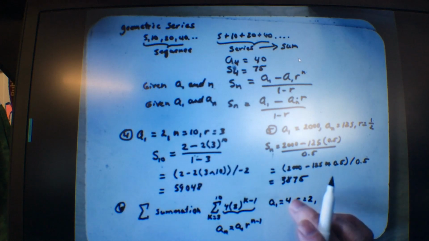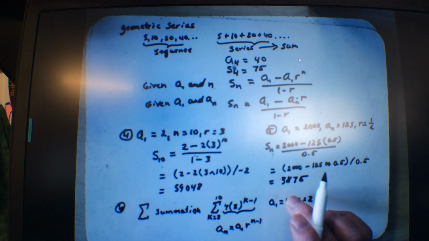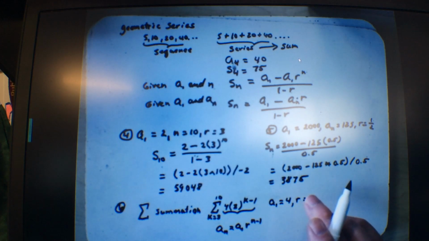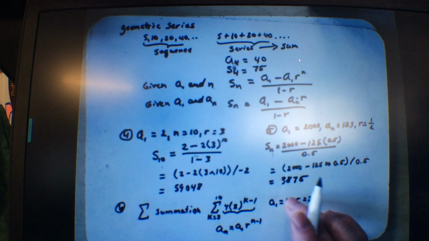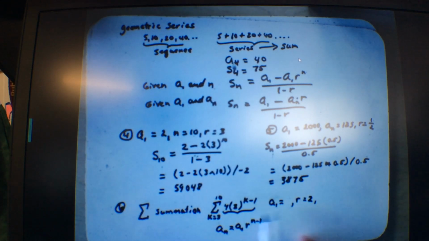Oh, wait a minute. A sub 1 is not 4, is it? A sub 1 is 4 times 2 to the K minus 1 when we put 3 in here. I'm so sorry. R is 2. So put 3 in here, what do I get? 2 to the second power is 4, and 4 times 4 is? My first term is 16.